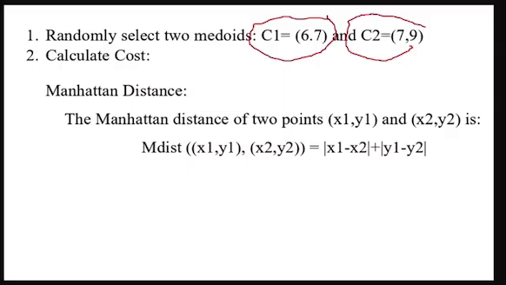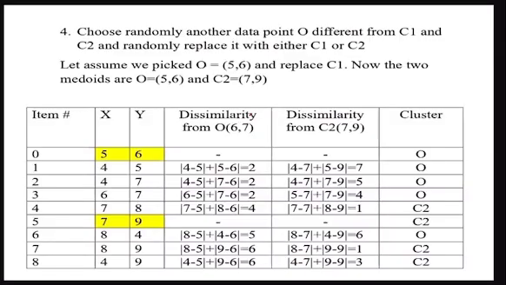Now, when I switch, instead of choosing 6 and 7, I choose 5 and 6. I want 5 and 6 to replace 6 and 7, but I'm still retaining the whole group 2, and I'm switching to a new medoid for group 1.